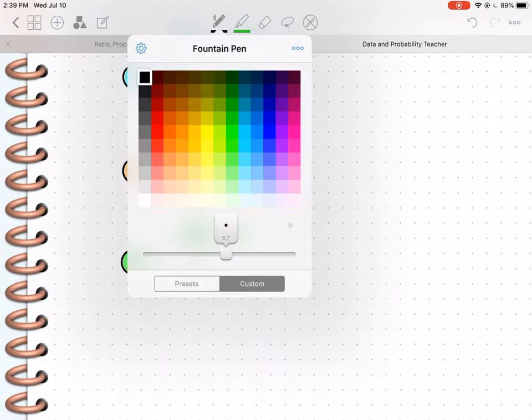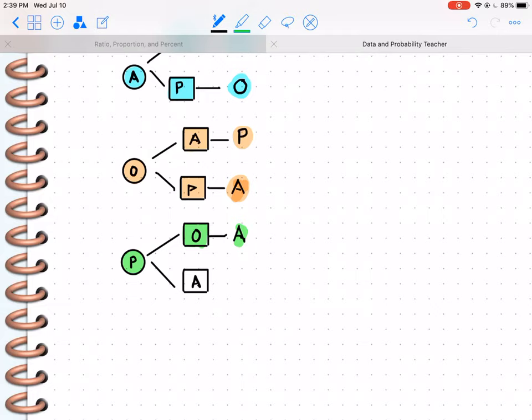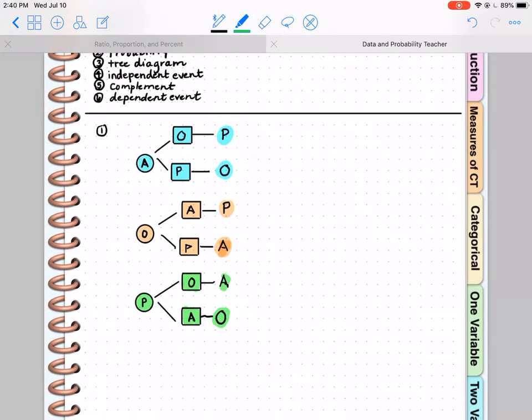Or if he did pear the first day, apple the second day, that would leave the orange for the last day. So all this diagram is doing is showing me the possibilities. It's showing me the different outcomes. And we're looking for the probability that Marcus will choose an apple before a pear.